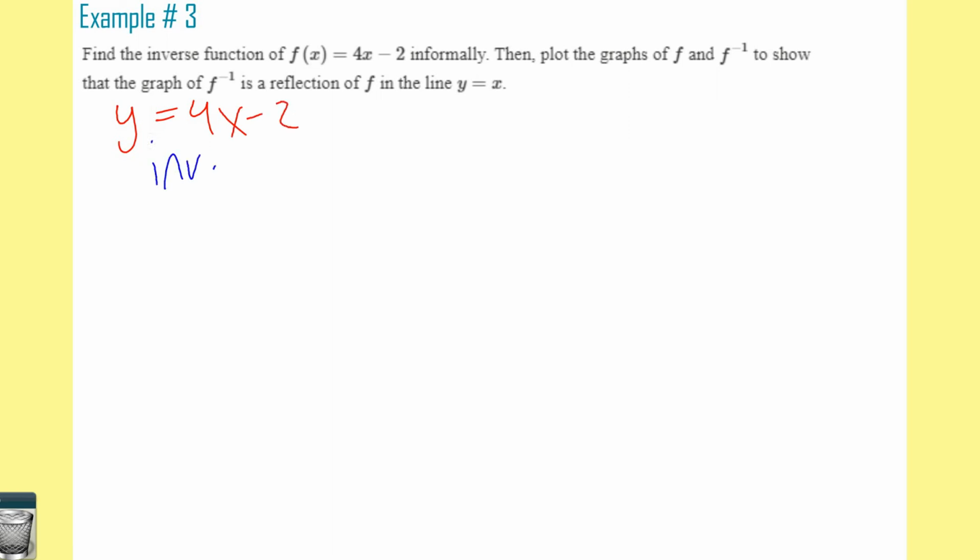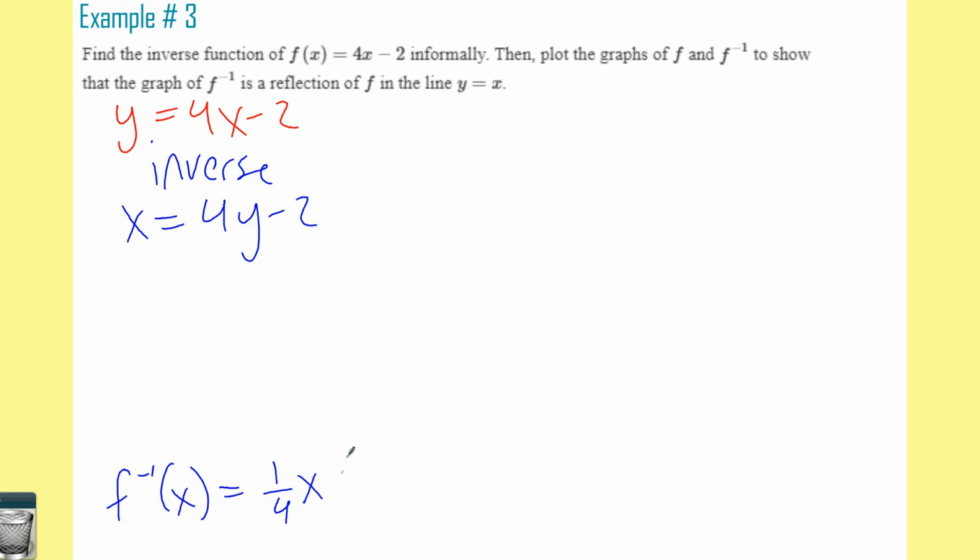Finding the inverse. You do some work, and you should get that the inverse is 1/4 x plus 1/2, or 2 over 4.